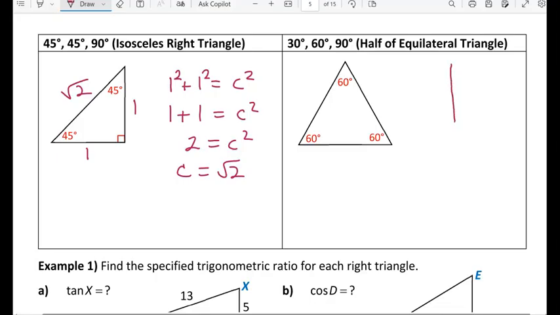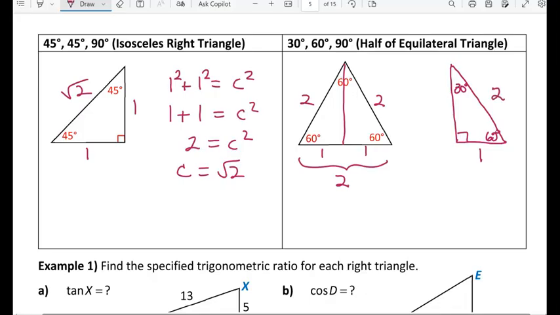So if we take half of an equilateral triangle, I'm just going to split it right down the middle, and that 60 degree angle gets split into a 30, so now we have a 30, 60, 90 triangle, and the shortest side length opposite the 30 we can make equal to 1, and if this is an equilateral triangle that we just split in half, that 1 and 1 must sum up to 2. So the side length of the equilateral triangle is 2.